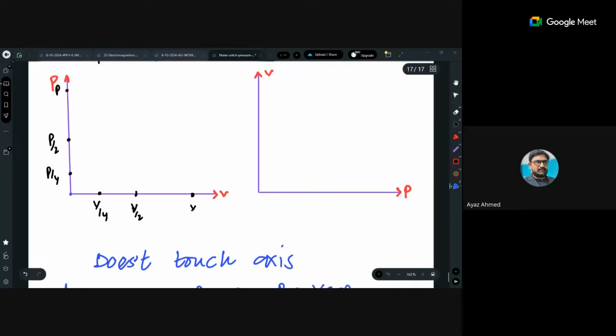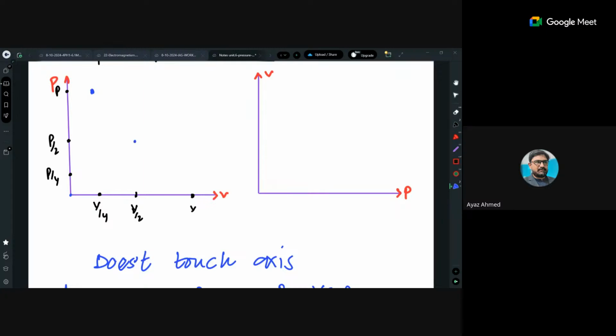Are you getting this point? Usually it is given that if pressure is P here, then at double the volume, pressure will be half. And when volume is increased more, pressure will be half again. So you will have this type of curve.